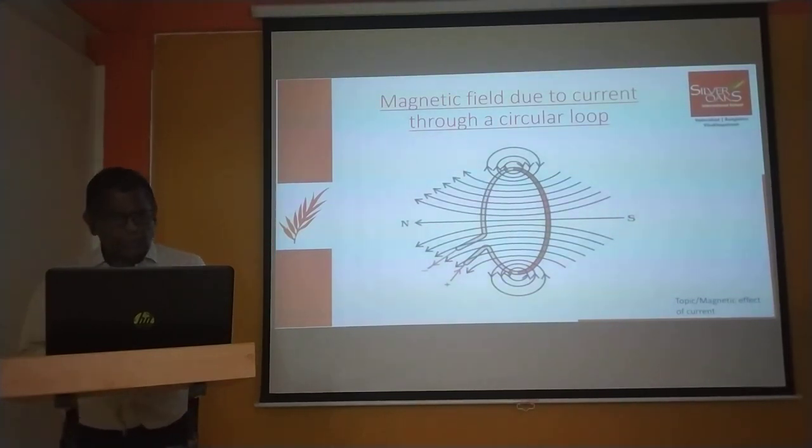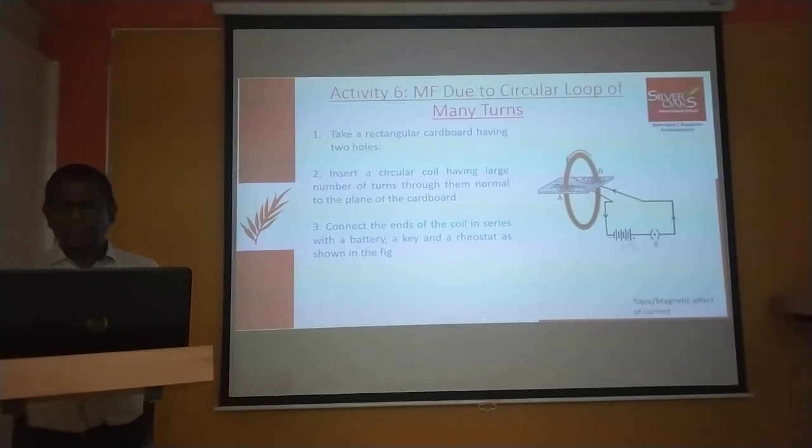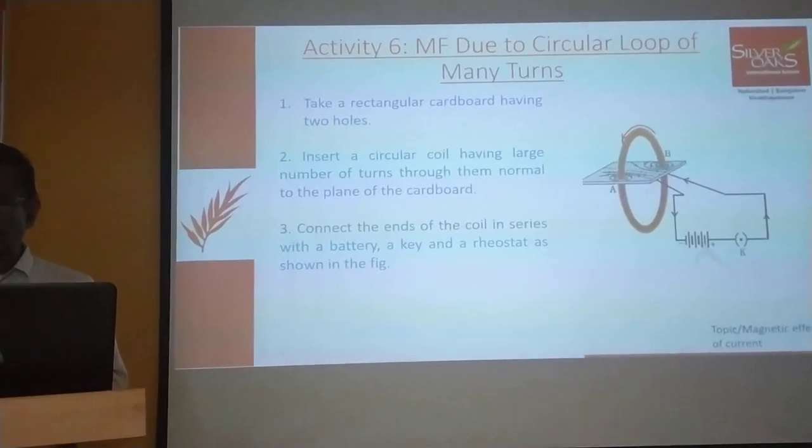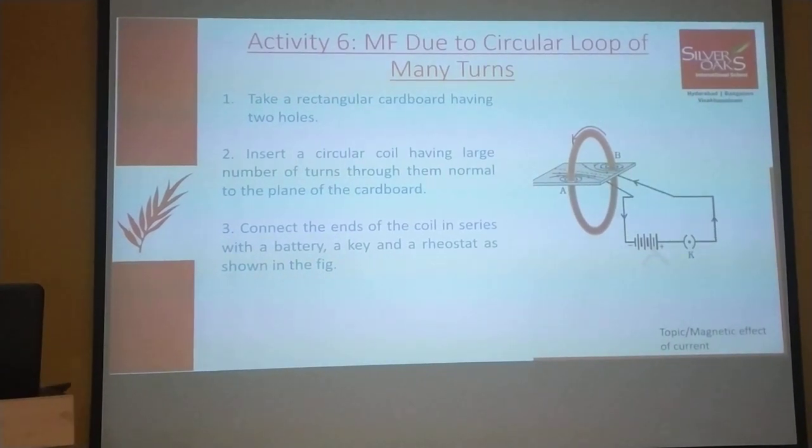So as you approach near the center, the magnetic field produced by a current carrying conductor at a given point is directly proportional to the current flowing through it. Okay, so if we increase the number of turns, like in the previous slide, we saw the magnetic field due to only one circular wire.